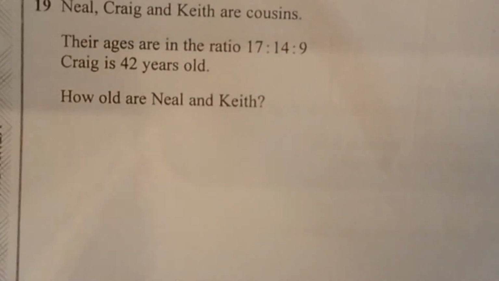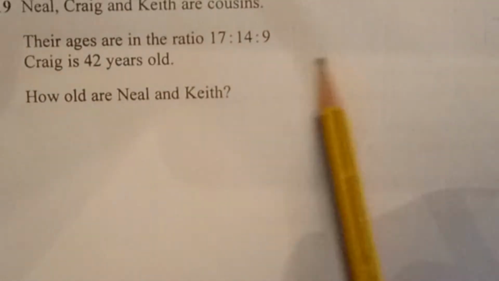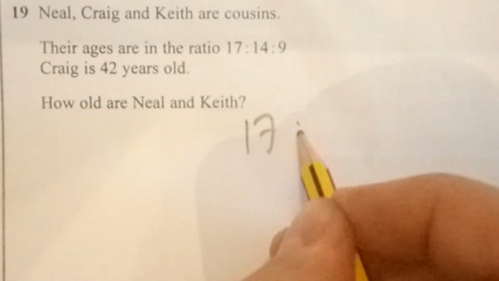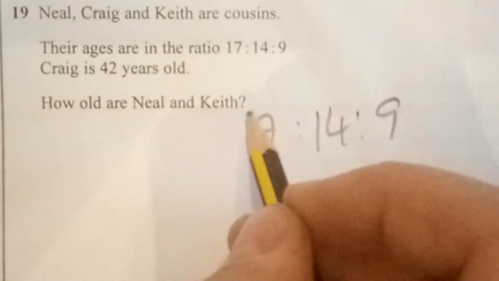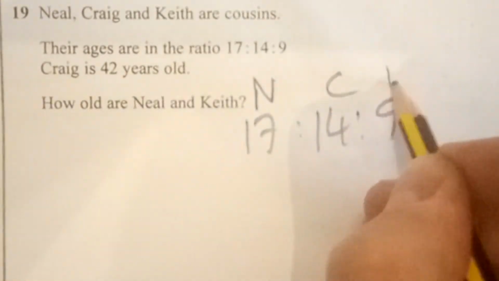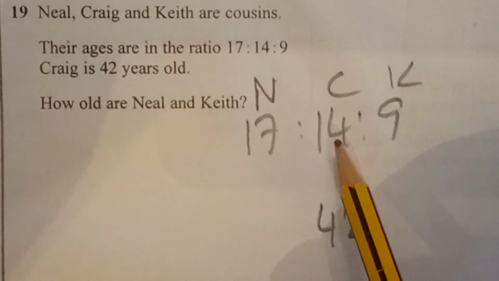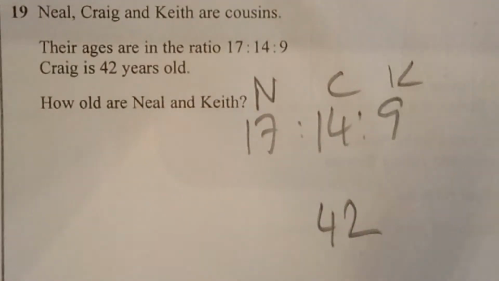Neil, Craig and Keith are cousins. Their ages are in the ratio 17 to 14 to 9. Craig is 42 years old. Right, so 17 to 14 to 9, for Neil, Craig and Keith. How do we get from 14 to 42?